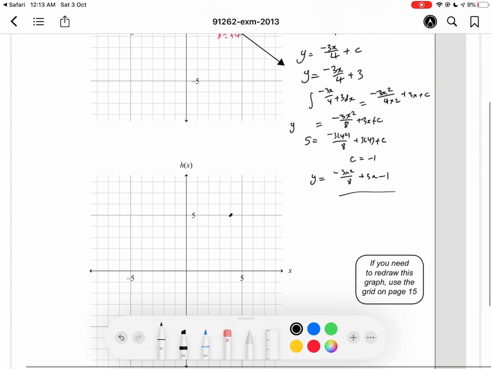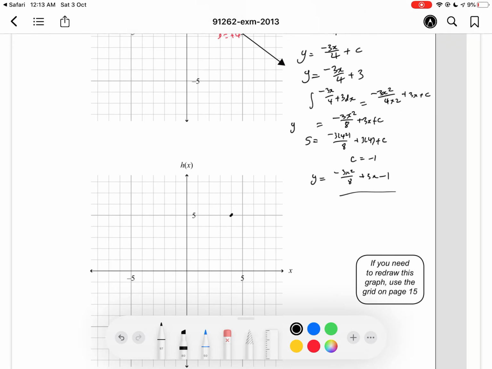So we're going to be drawing this parabola into our plotted graph. For this one, you can just put it into your graph equation in your graphics calculator, that's negative 3x squared over 8 plus 3x minus 1.